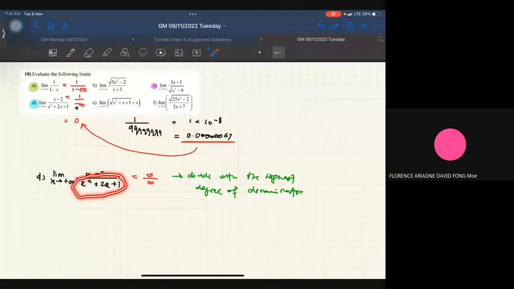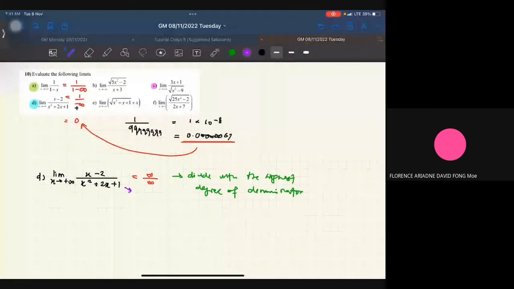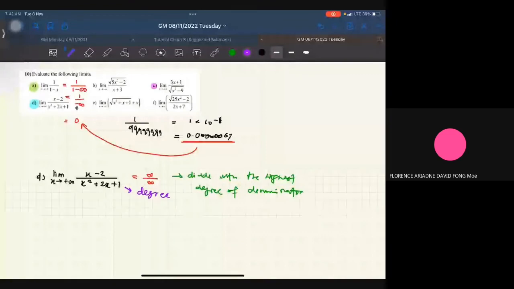Kita ada x square, so you have x square plus 2x plus 1. Kalau ikutkan this polynomial, your degree of polynomial adalah degree 2. So untuk degree 2, the simplest term that we can write is x power of 2.